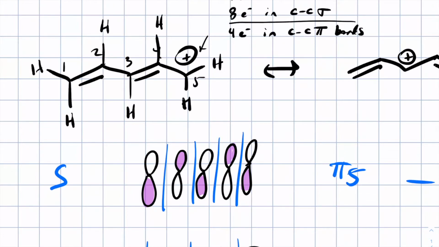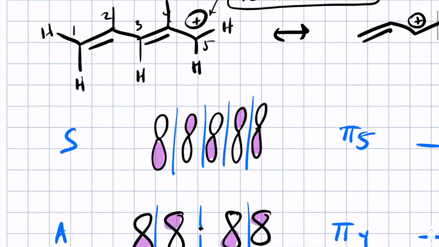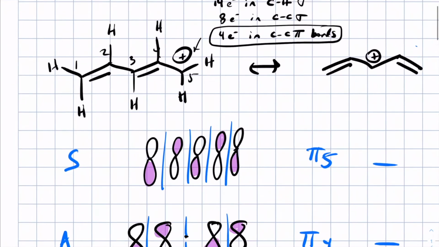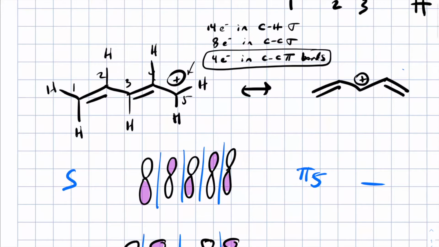We only count the electrons that are involved in pi bonds, and not just any pi bonds, but pi bonds that are part of this string of pi orbitals that are adjacent to each other. The reason we can ignore the sigma bonds is because this molecule is planar.